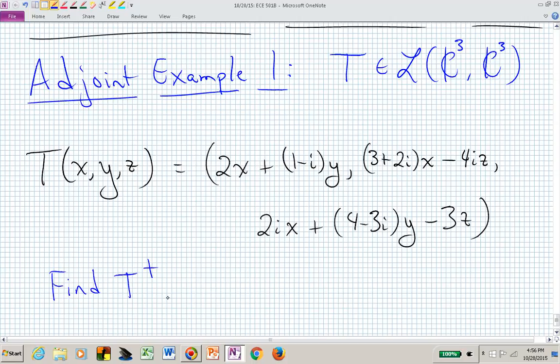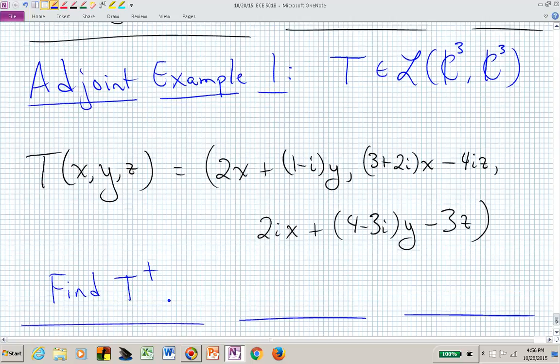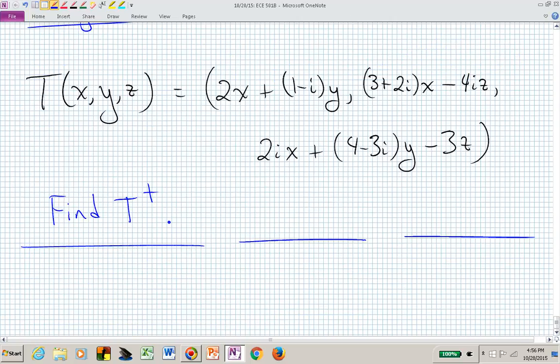And now I want you to find the adjoint of that linear map. One way to do it would be to find the matrix representation of this linear map T, then take that matrix representation's complex conjugate transpose, and then take that matrix back into linear map notation, and that linear map would be T dagger.